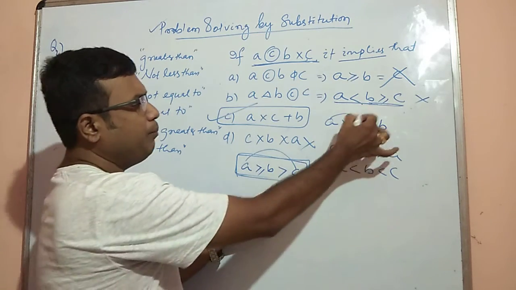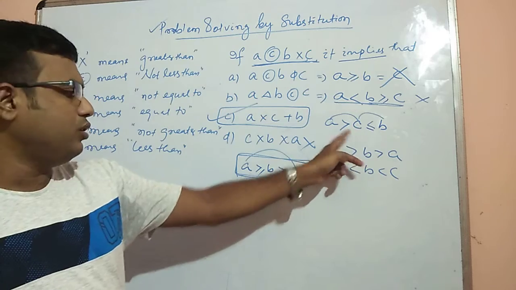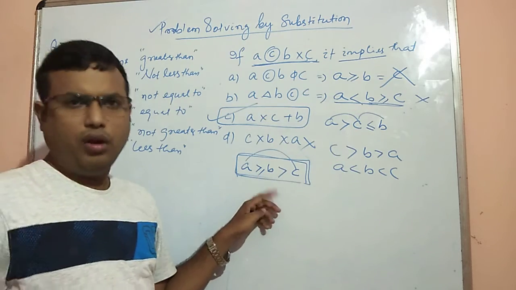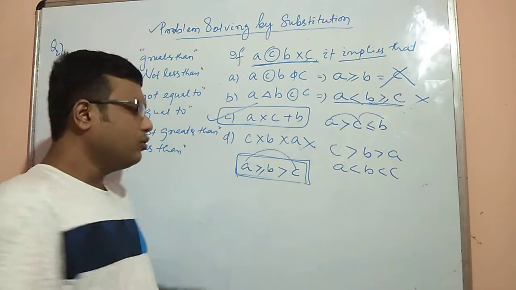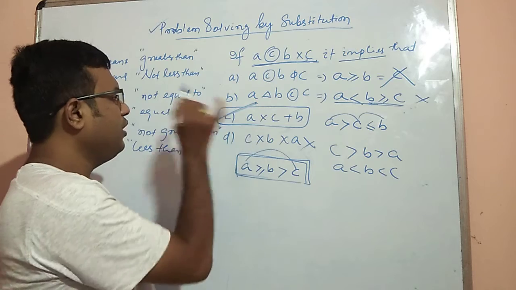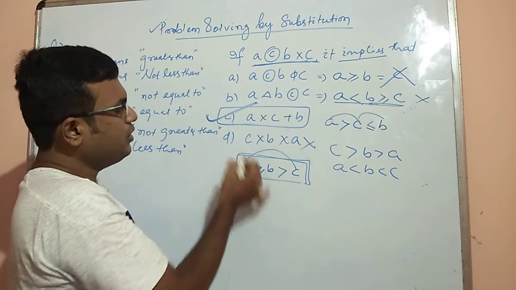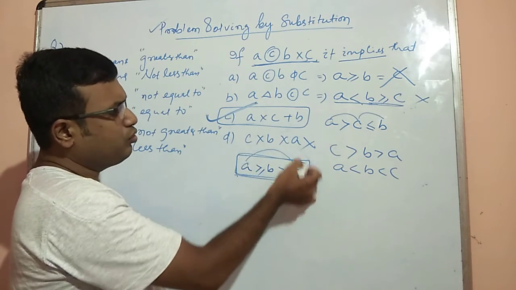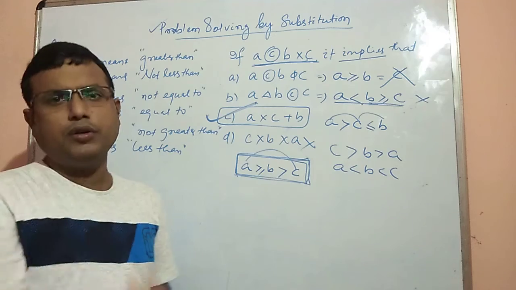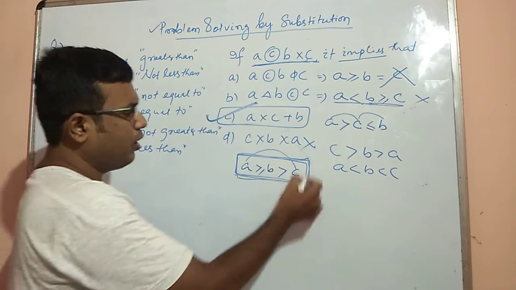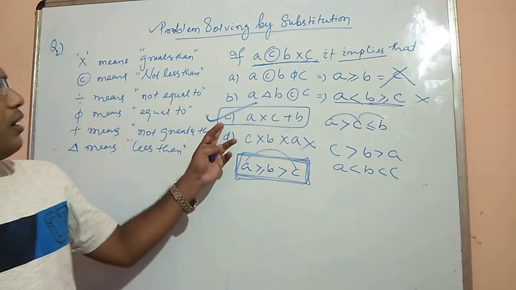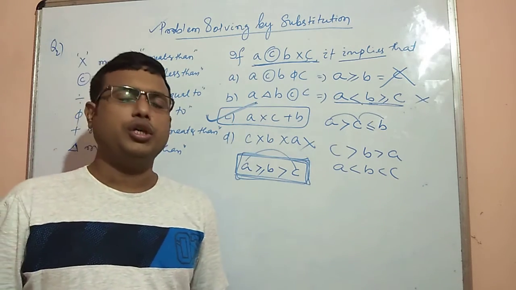Then B to C, B is greater than equal to C. It is also represented greater than, somehow true but not exactly true. So I think this is your answer. That means C is your answer, which is equals to, not 100% equals to, somehow equals to this one, right? So hence this is your answer. Your answer is C.